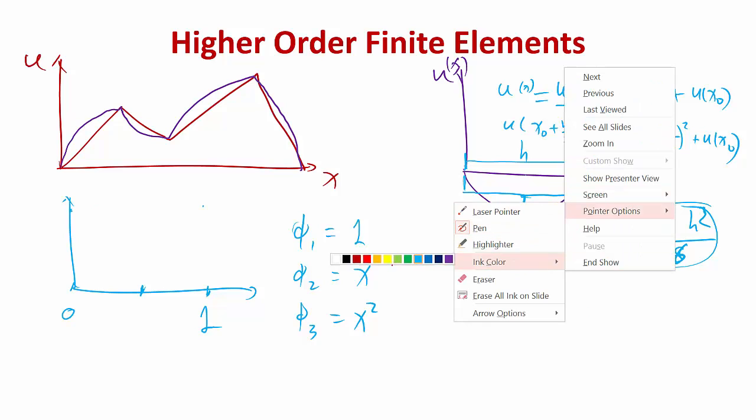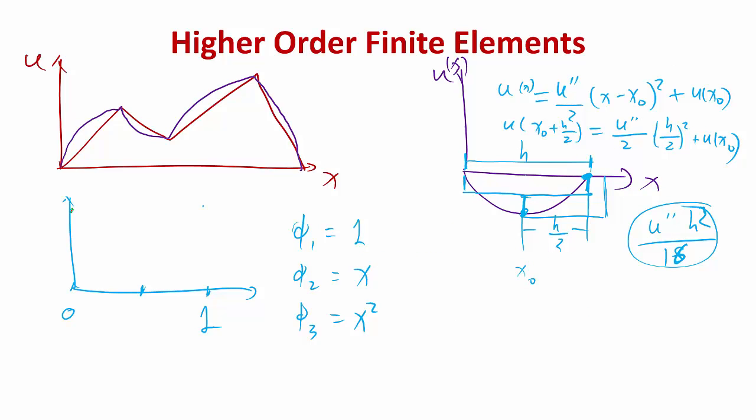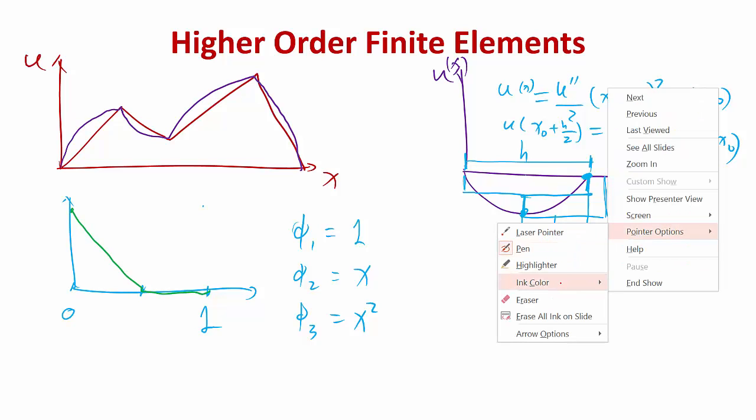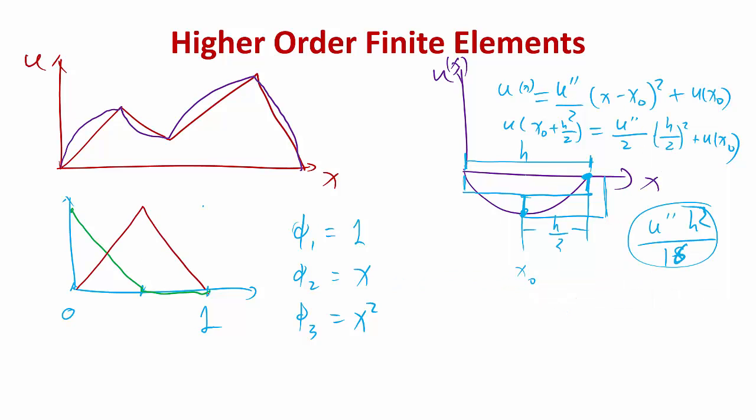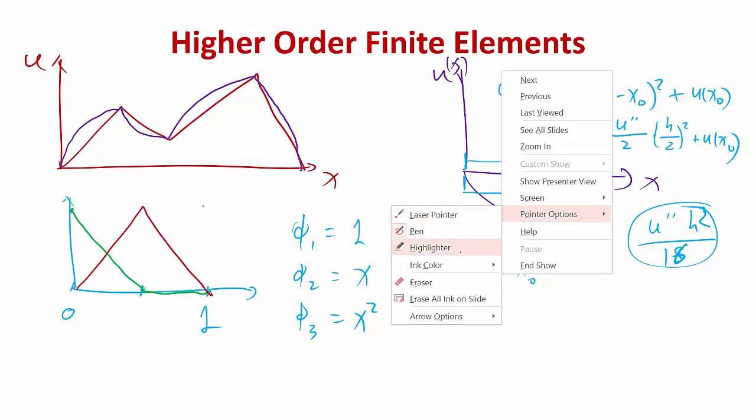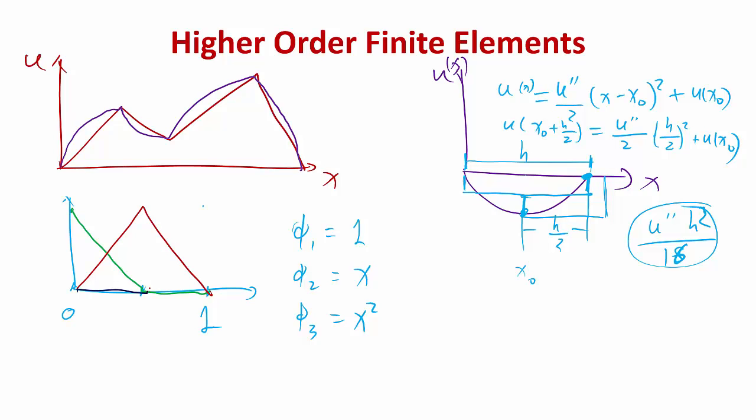In the piecewise linear case, we have a function that looks like this, and another function that looks like this, and a third function that looks like that, and this has a value of 1. Now we need to add some more functions that make them quadratic.